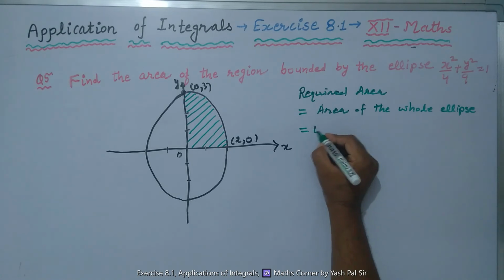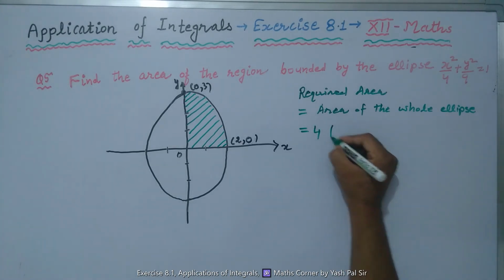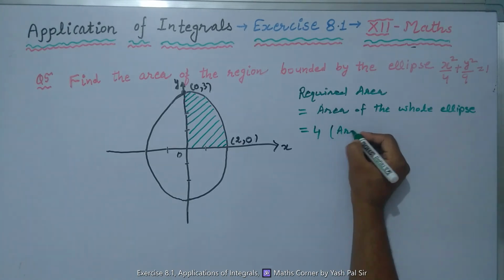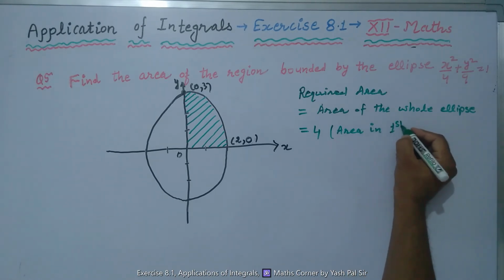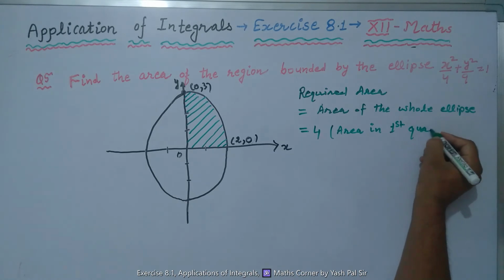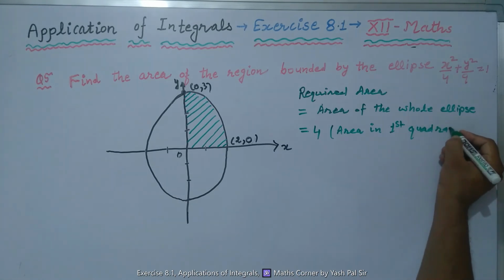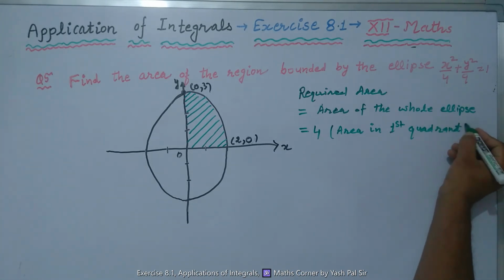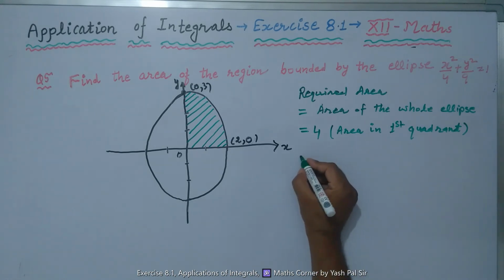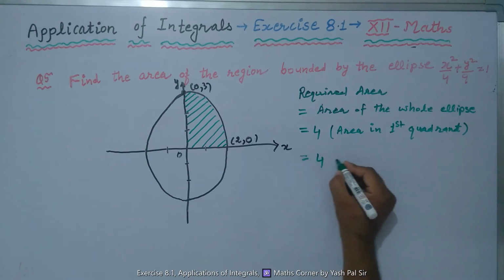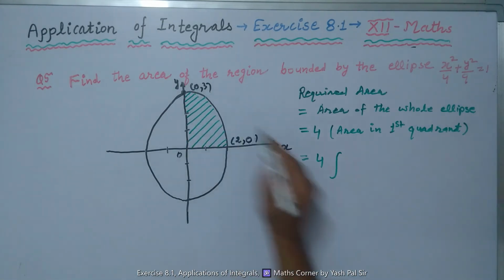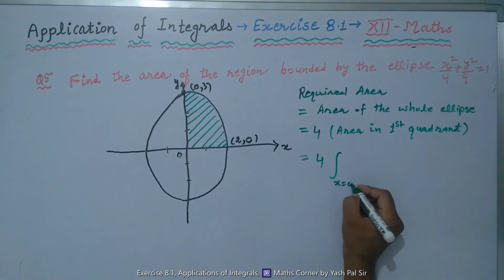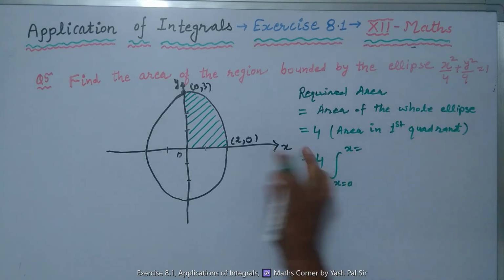This is equal to 4 times the area in the first quadrant, right? So 4 into x is equal to 0 to x is equal to 2.